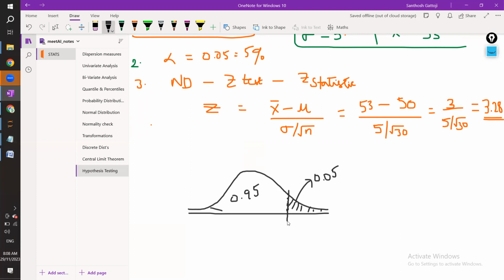That means it is the region where you might reject the null hypothesis even though it is true, and that you have considered as alpha. So with alpha 0.05, you need to find in the graph where the area is equal to 0.05, and the remaining area will be 0.95.